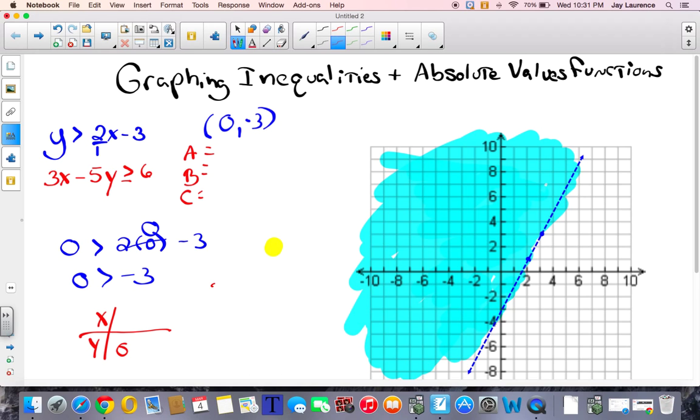And when I do that, I'm going to get 3x minus 5 times 0 is greater than or equal to 6. 3x is going to be greater than or equal to 6. X is going to equal 2. Yeah, I really should be doing equals when I'm trying to find the intercept. So 2, 0 is the intercept right there.